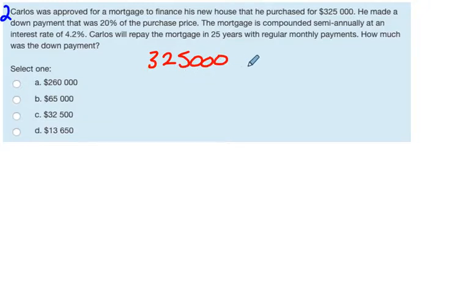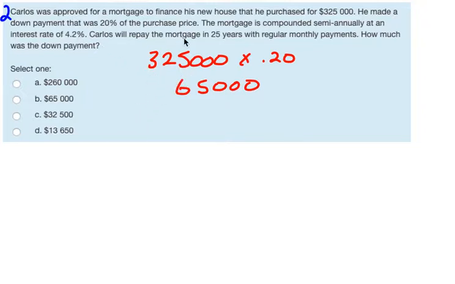So the 20% down payment would be times that by 20%, which is 0.20, and that would give you $65,000. So the $65,000 is your down payment, and that is the answer to the question.